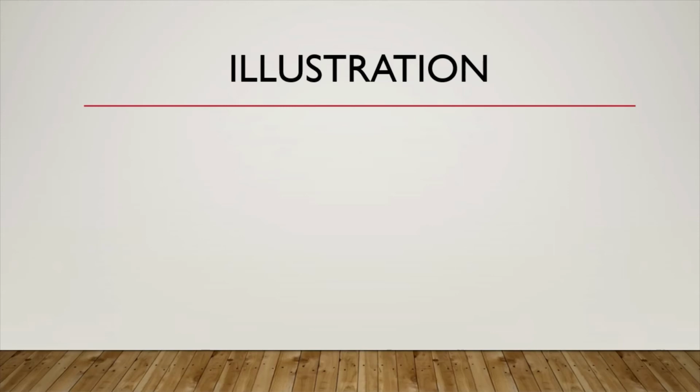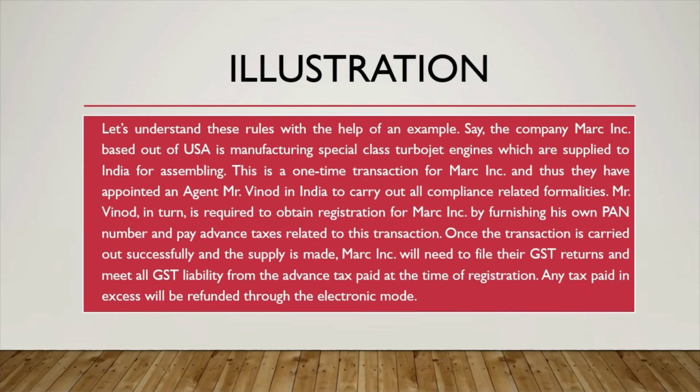Now moving on to the illustration for the same, so that you guys can understand the topic well. Say there is a company named Mark Incorporation which is based out of USA, and they manufacture special class turbojet engines which are supplied to India for assembling.